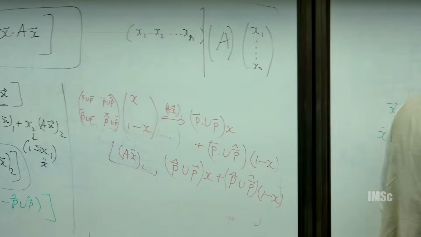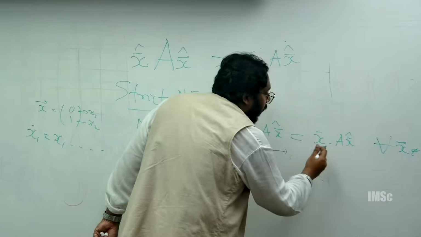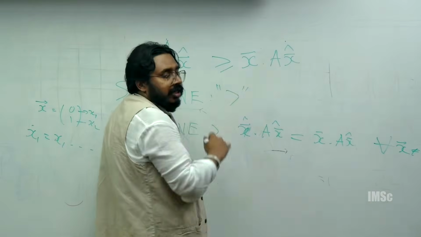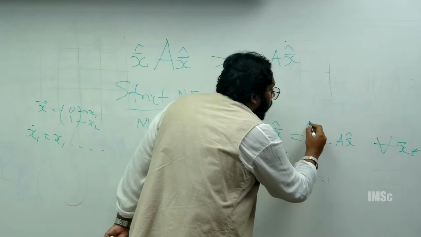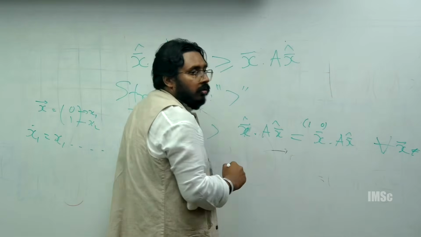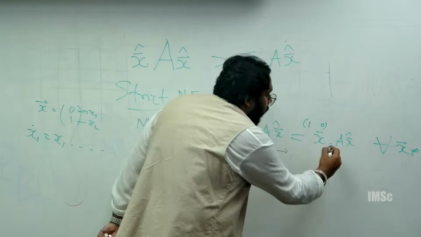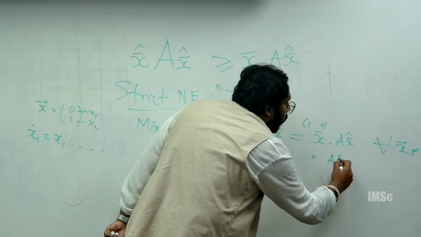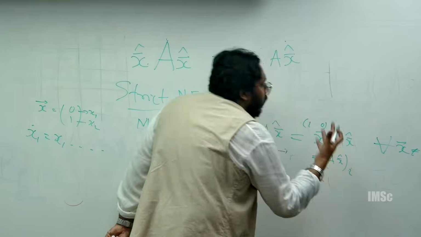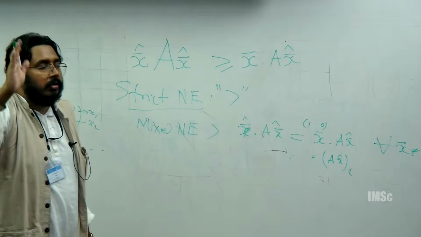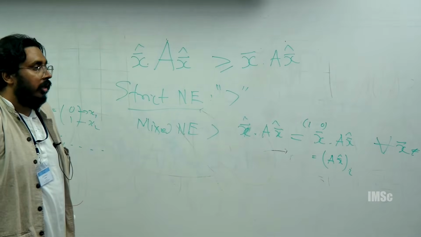So if I choose this x to be a pure vector, let us say the vector along the first strategy, then this is nothing but 1 0 in 2D, and hence this can be written down as x, some i, depending on which directional vector you took, right.